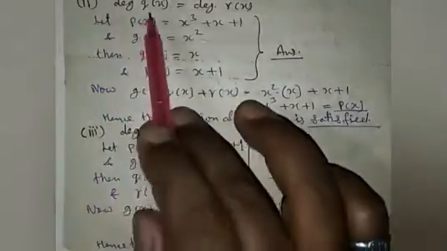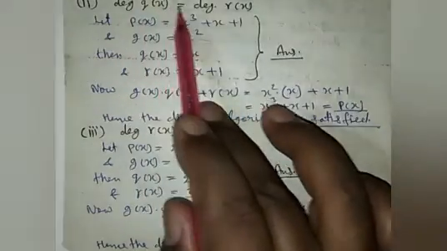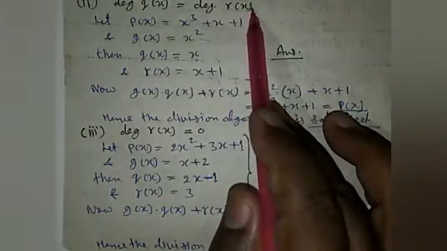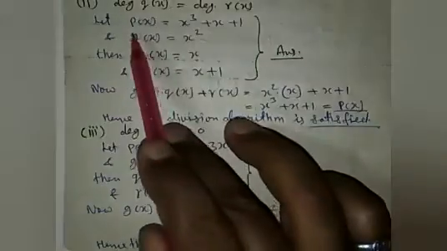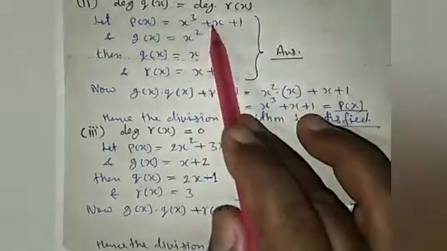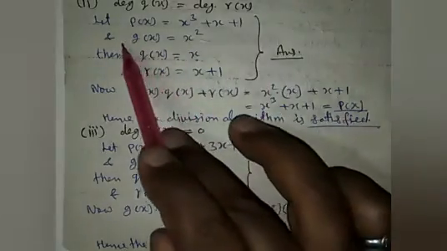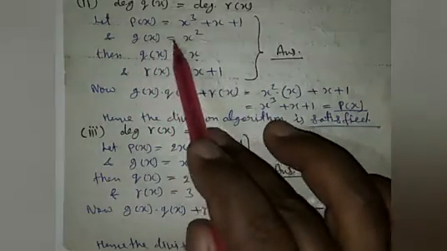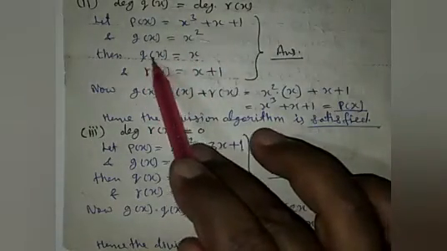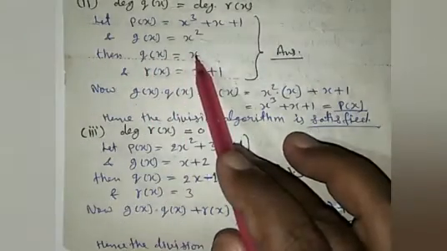In the second part, the degree of the quotient polynomial is equal to the degree of the remainder polynomial. So let the dividend polynomial px be x cube plus x plus 1 and the divisor polynomial gx be x square. Then on dividing you will get quotient polynomial x.